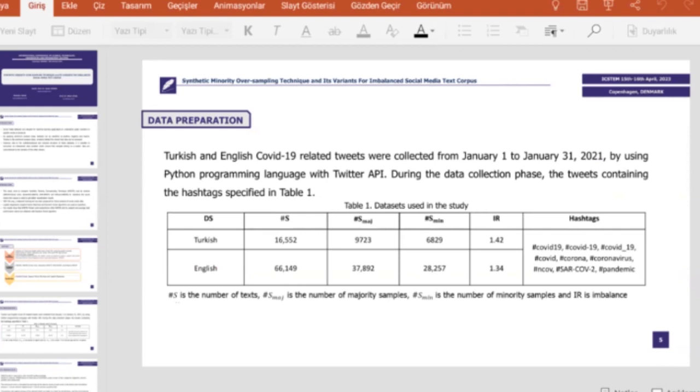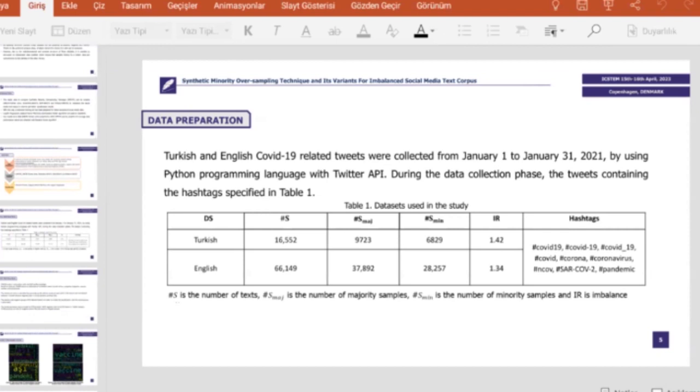S-max means the number of tweets in the majority class, and S-min means the number of tweets in the minority class. As you can see from the screen, there is an imbalance ratio, and it means both of the classes don't contain the same amount of tweets.